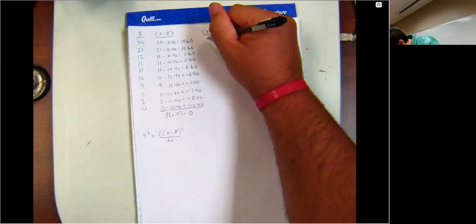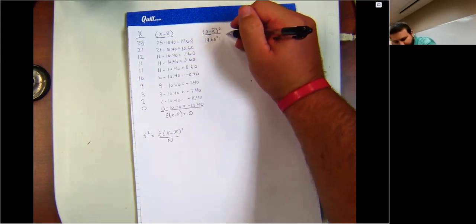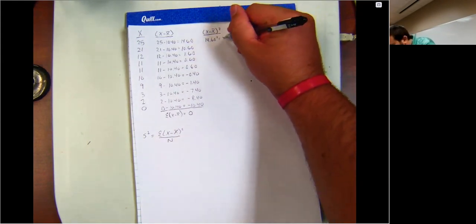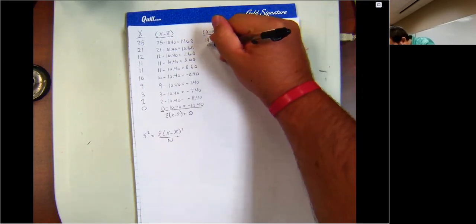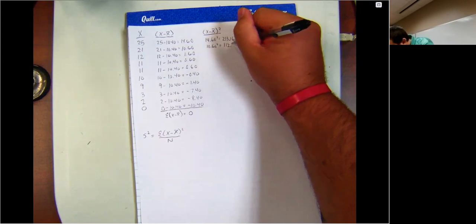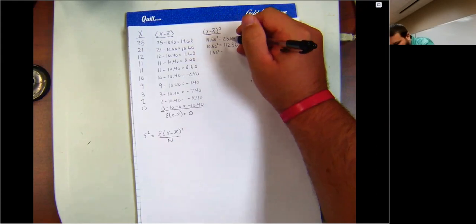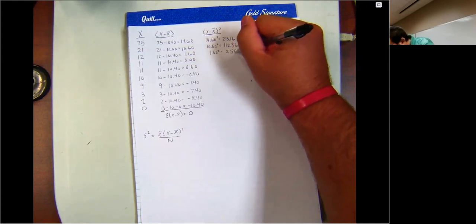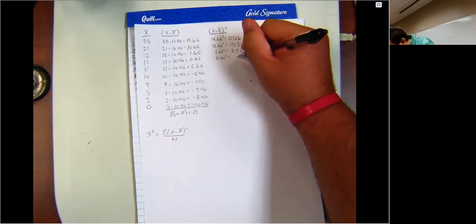And we take our x minus x bar, the first one, 14.6, and we square it to get the answer x minus x bar squared. 14.6 squared is 213.16. All right, 10.6 squared is 112.36. 1.6 squared is 2.56. 0.6 squared is 0.36.